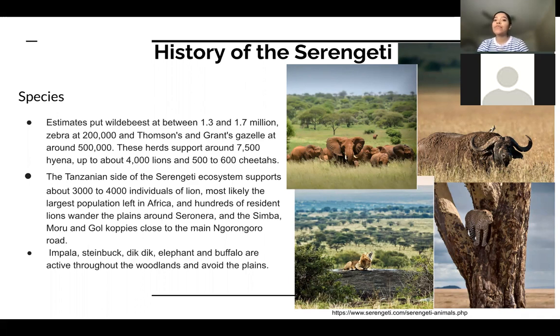The species do vary depending on what part of the Serengeti ecosystem they are located. For example, the Tanzanian side of the Serengeti ecosystem supports about 3,000 to 4,000 lions, which is the largest population left in Africa. In the woodlands, impala, steenbok, dik-dik, elephant, and buffalo are all active as well.